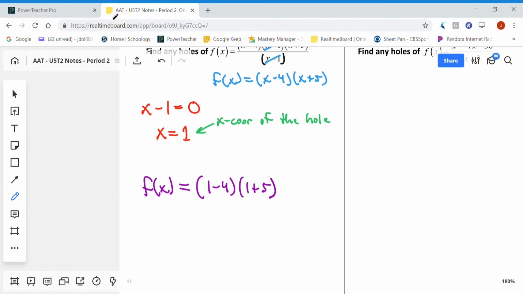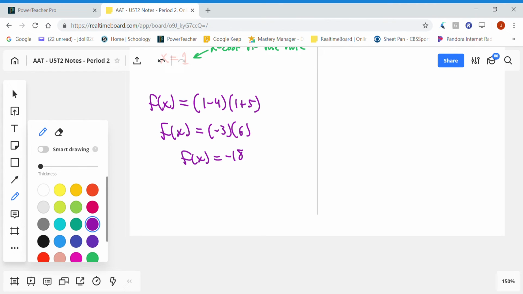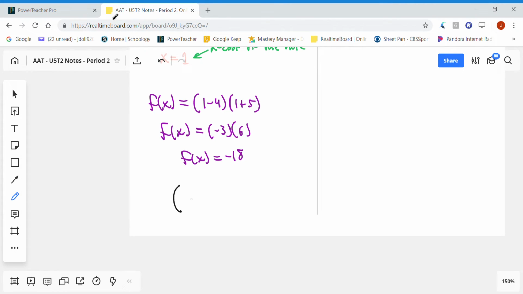By doing this, I am now going to find the y coordinate, the range value, for my x coordinate of 1. As I simplify this, I get -3 times 6, and we are going to get a range value or a y coordinate of -18, which means my hole is the ordered pair (1, -18).